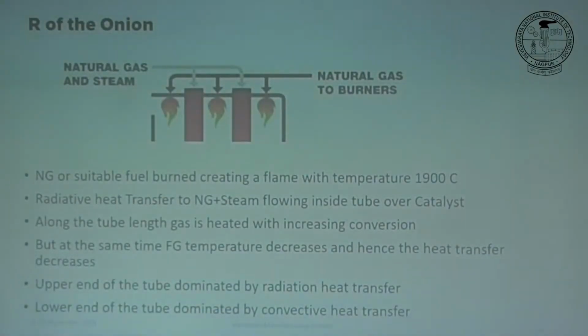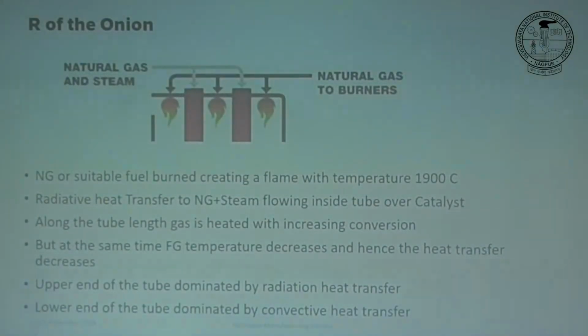So normally you take natural gas, burn it, that will create a flame temperature of somewhere around 1800-1900 degrees, and that's good enough to supply heat from the combustion gases to the gases flowing inside the tube. So what happens in the starting, your gases are at 1900 degrees, right? And your feed is at, for now we can say 35 degrees, ambient temperature, let's say.